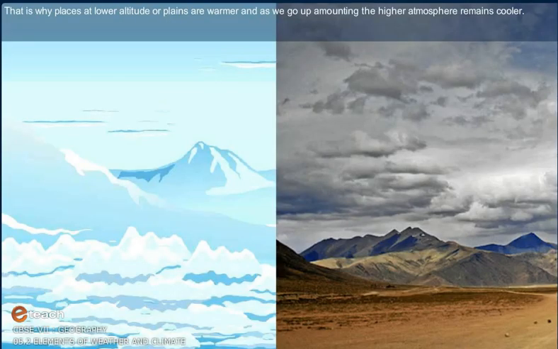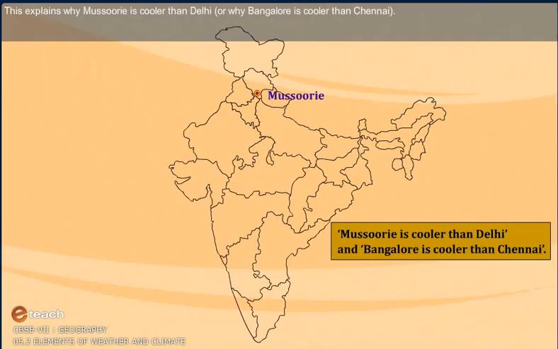That is why places at lower altitude or plains are warmer, and as we go up, the higher atmosphere remains cooler. This explains why Mussoorie is cooler than Delhi, or why Bangalore is cooler than Chennai.